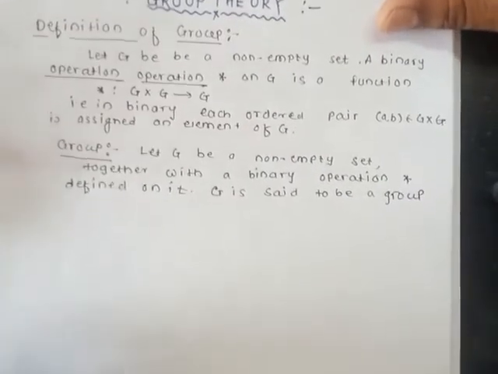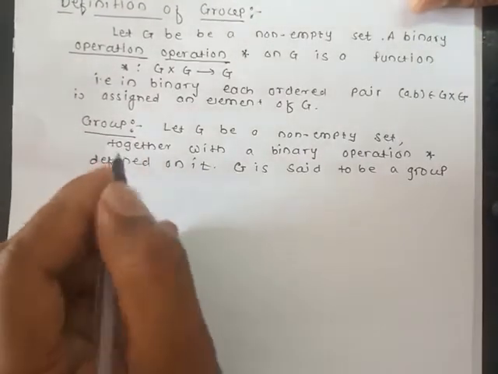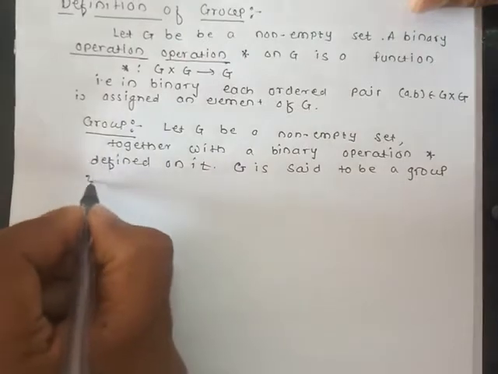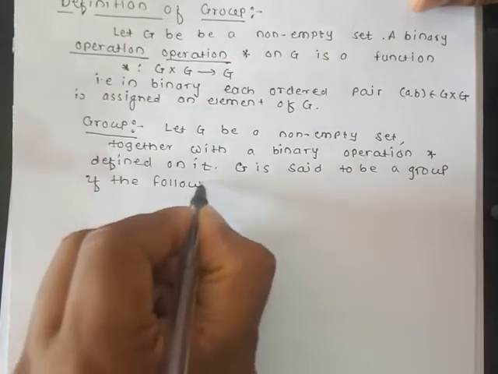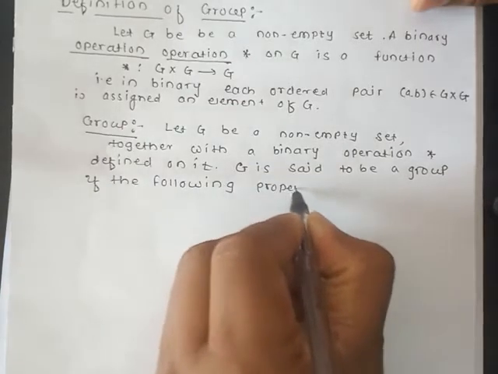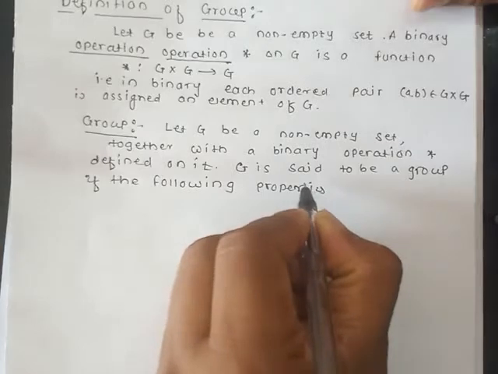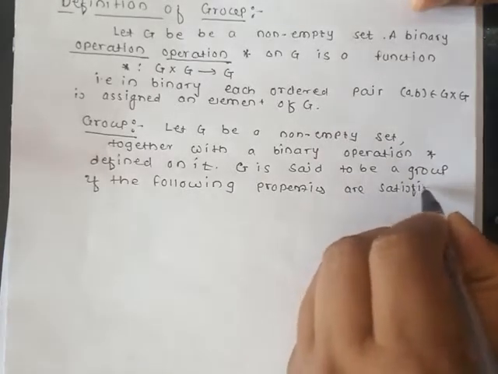G is said to be a group if the following properties are satisfied.